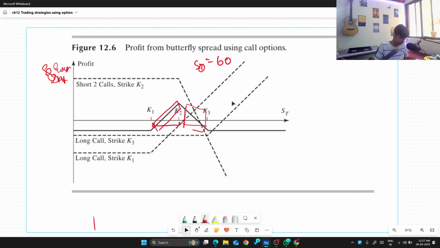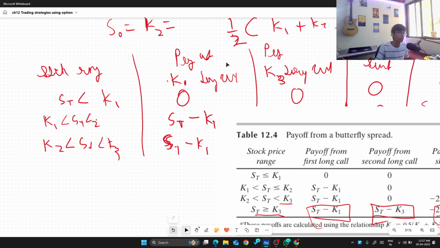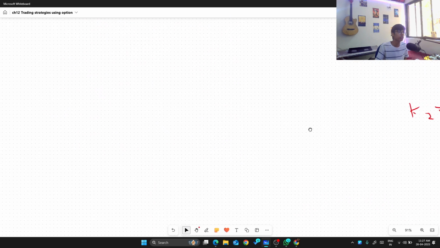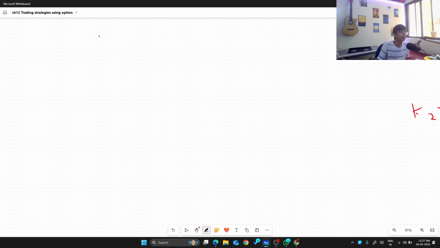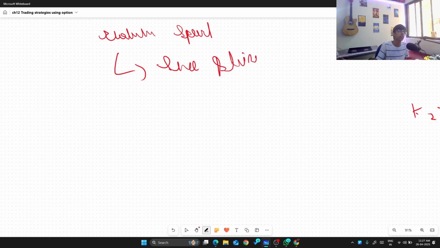And another type of spread is the calendar spread. A calendar spread is a spread where the same strike price is there for different options but with different maturity.